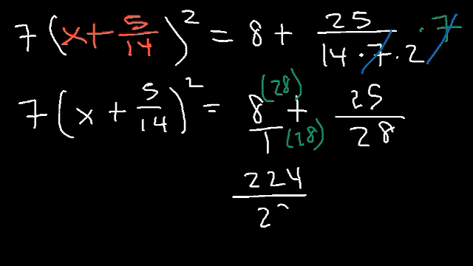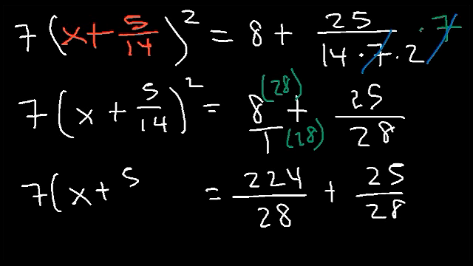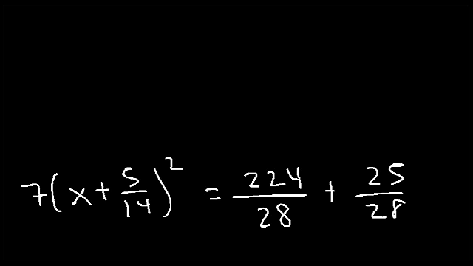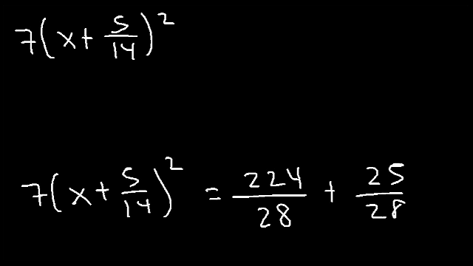So we have 224 over 28 plus 25 over 28. So now we can add 224 with 25. So that's going to be 249 over 28.